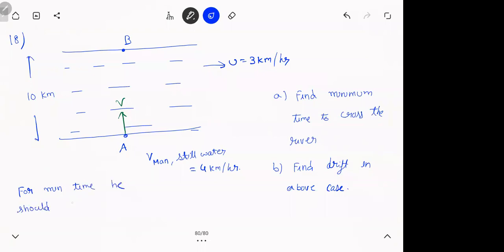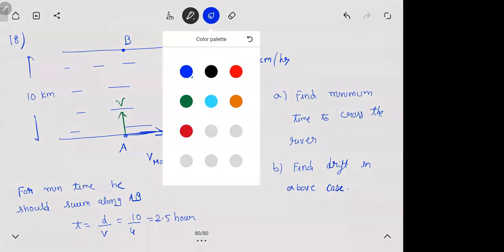Yeah, but he won't go along AB. That's a different story. So the time will be d by v. D is 10 and v is 4, 2.5 hours. But because the river is pushing him this way, you will reach somewhere else here.